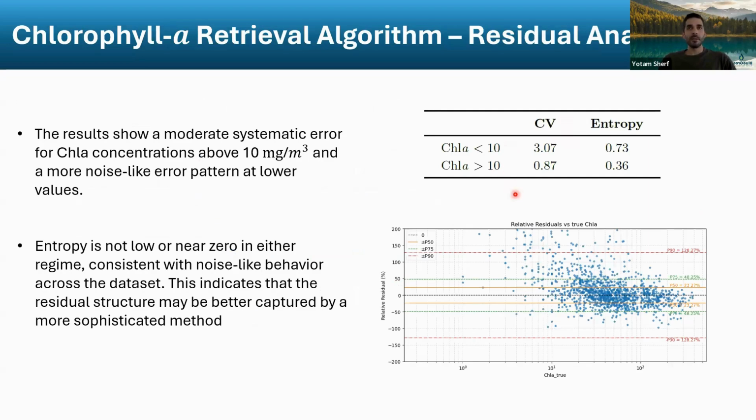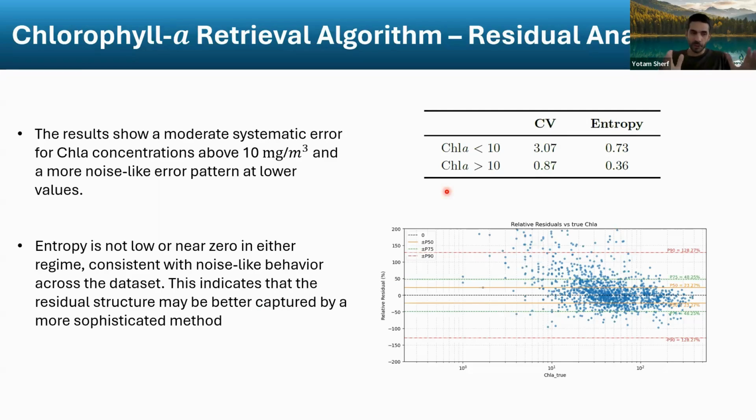Not surprisingly, we saw a huge difference: below 10, the variation in the data and the entropy are much larger than above 10. Though in both data regimes, the entropy is not low and not as high. It's not near zero, so it means that inside the error there is some pattern.